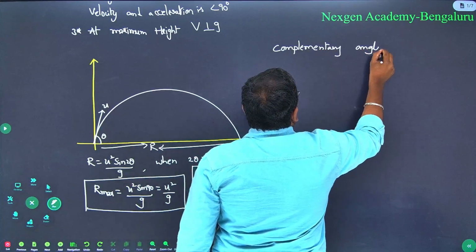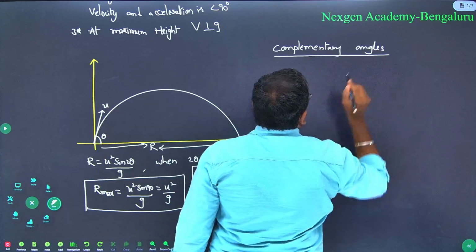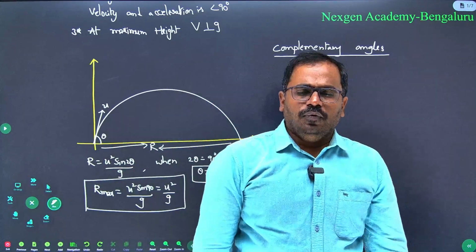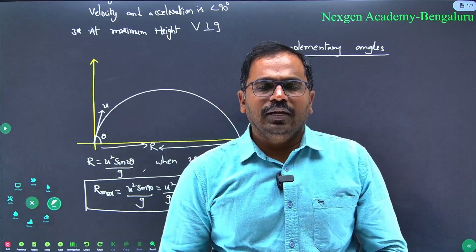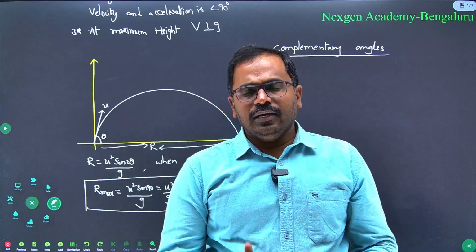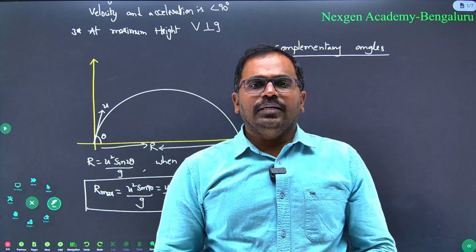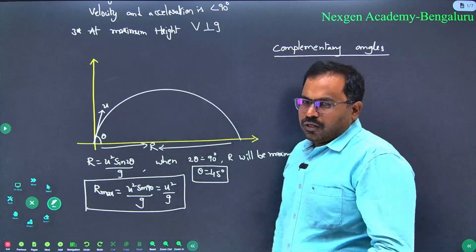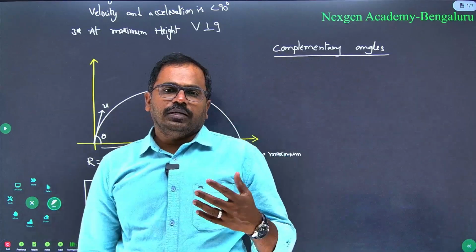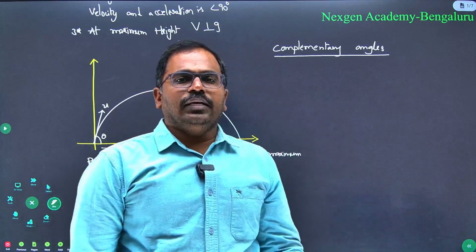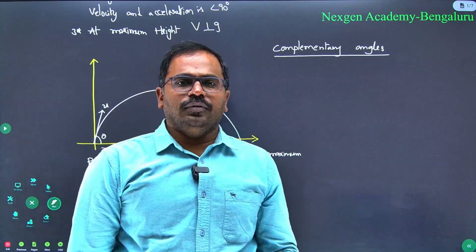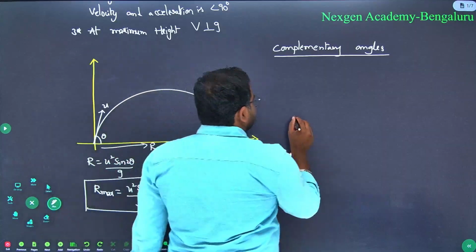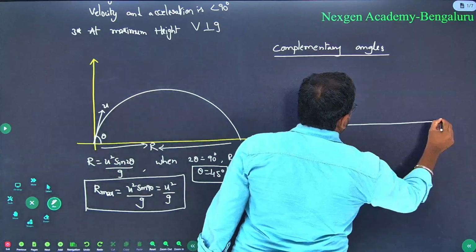Complementary angles means for the same projection velocity, for two given angles, the horizontal range will be the same. Those two angles are complementary angles. The projection velocity is the same and the angle of projection differs, but the horizontal range is the same. Look at this diagram so that you can understand.